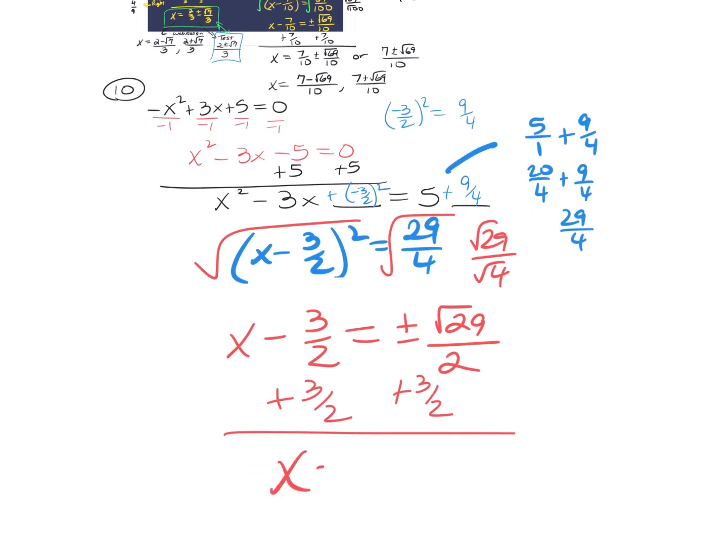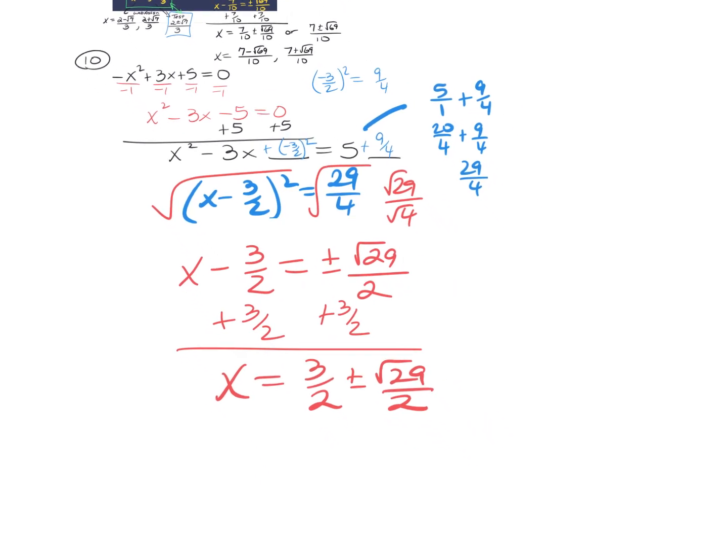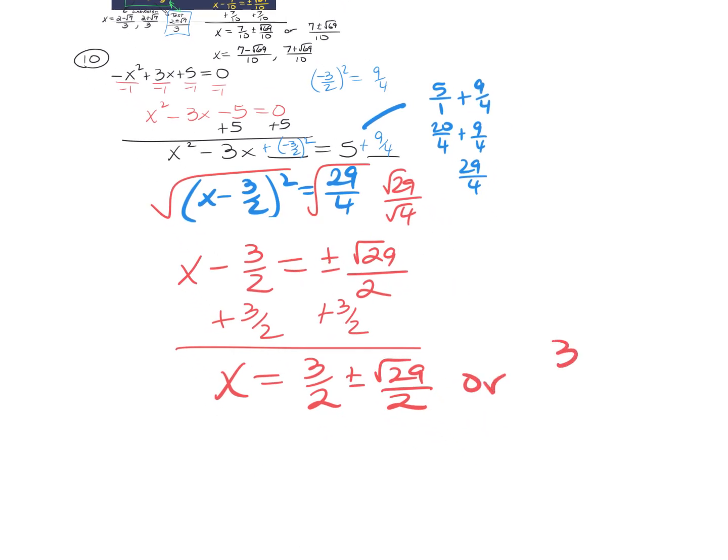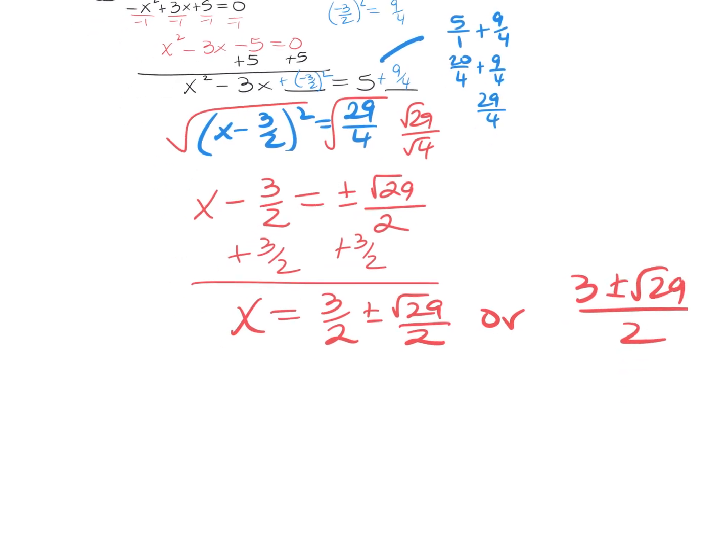And then x is equal to 3 over 2 plus or minus the square root of 29 over 2. So on the test, you can do this and make one fraction. And then for WebAssign, if you want to make one fraction with a 2, you can do that, or you can give it its own little fractions.